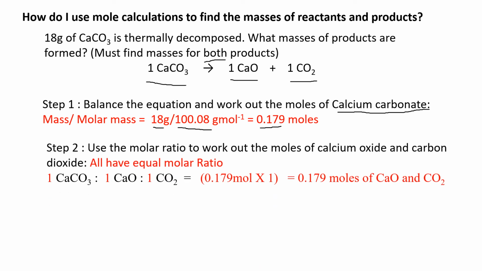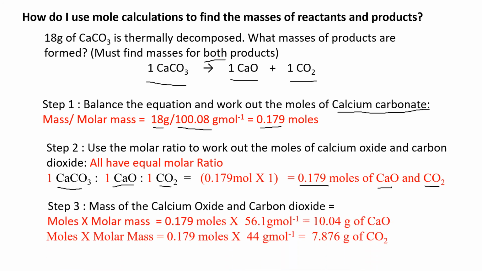Step 2, now we have the same molar ratio for calcium carbonate, calcium oxide and carbon dioxide. Therefore, the moles of calcium oxide and carbon dioxide are going to be 0.179. Step 3, you have moles times molar mass. This is the classic formula for working out mass. Here you have 56.1, which is the relative molecular mass or molar mass of CaO, and 44, the molar mass of CO2.